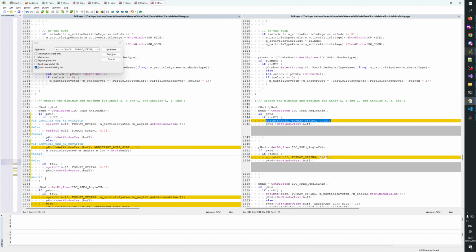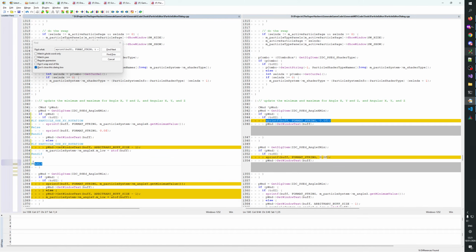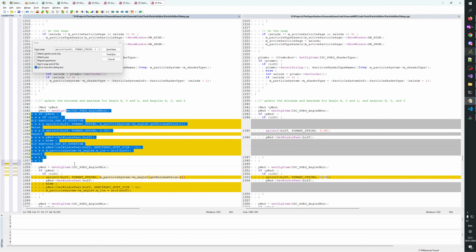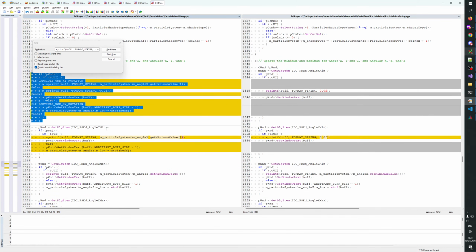Could do that, and then we can remove this stuff here. How about that? It's a bit complicated, but okay. I think we can live with it.